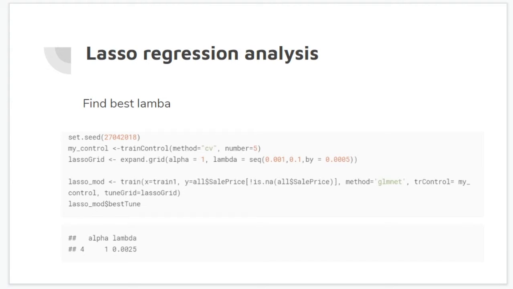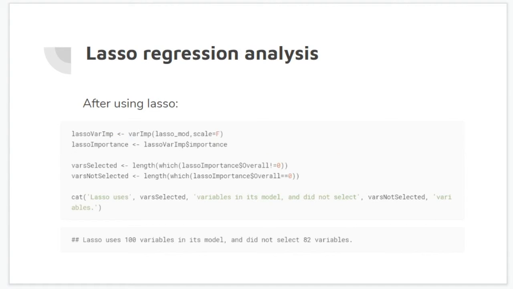I have also tried ridge regression, but since lasso gives the best results of those 3 models, I'm only keeping the lasso model in this project. The parameter lambda controls the overall strength of the penalty. The first thing I did is using caret cross validation to find the best value for lambda, which is the only hyperparameter that needs to be tuned for the lasso model.